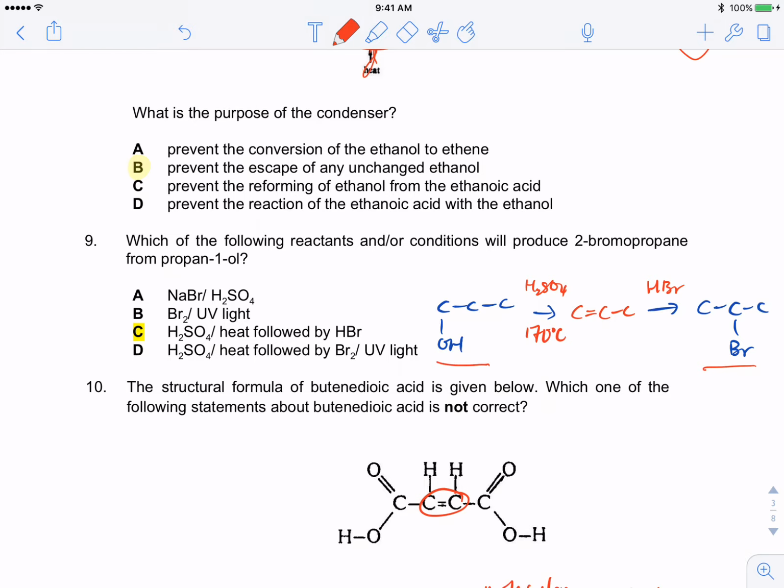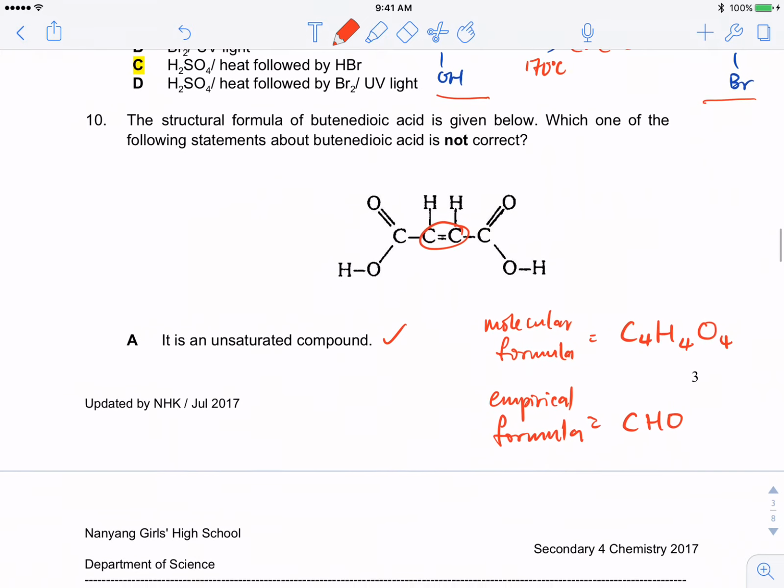Try and find a reaction that connects from an alcohol to an alkyl halide. What reaction do you see? It must go through an alkene. So what happens is we must first dehydrate it with H2SO4, then we add HBr, so the answer is C.